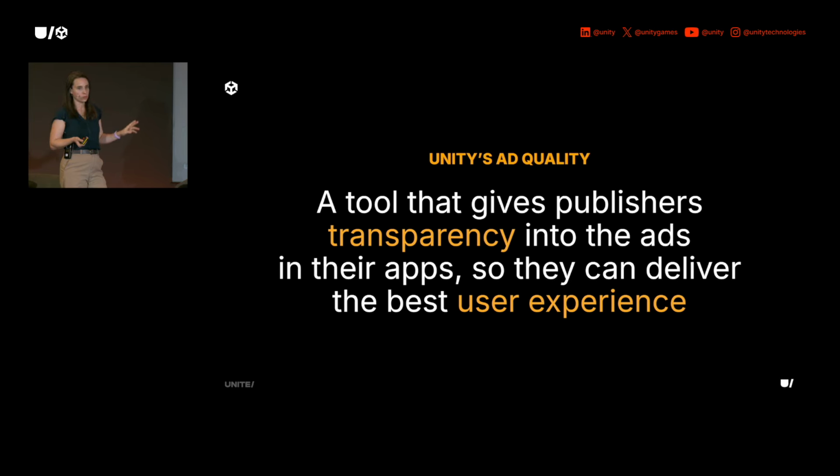This is a tool that's designed to give you transparency over the different ads, over the creatives and campaigns of all the networks that you have integrated, and how they run in your game, right? Who runs? What are the metrics, right? Which ad maybe churns my users? Is there an ad that has bad content? All of these things.